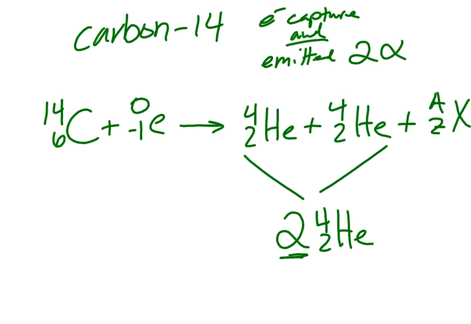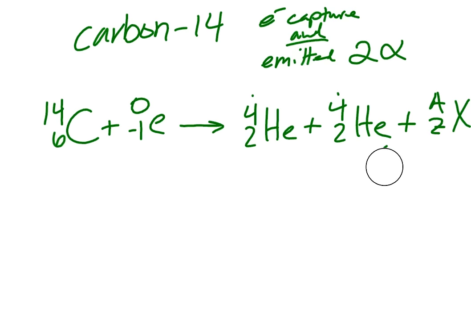It really means the same thing. If I have this 4 and this 4 up here, that's 8. This 4 times 2 is 8. 2 plus 2 on the bottom is 4. 2 times 2 on the bottom is 4. It really doesn't matter, you can do either one. I tend to do the coefficient, but you can write it out like I have it right here, and there will be no problem with it.